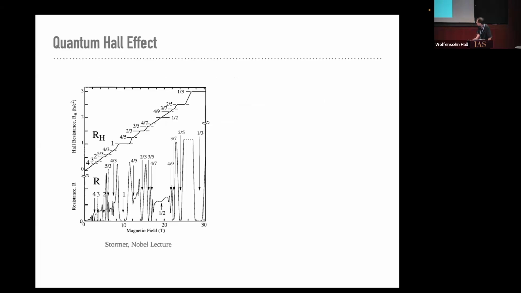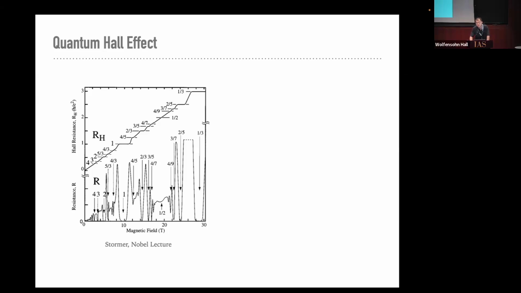So this is the quantum Hall effect. In Xiaodong's talk, he didn't show you this plot. Now I'm showing you this one. You can see that the quantum Hall effect is basically characterized by the quantization of the Hall resistivity, and at the same time, the vanishing of the longitudinal resistivity.